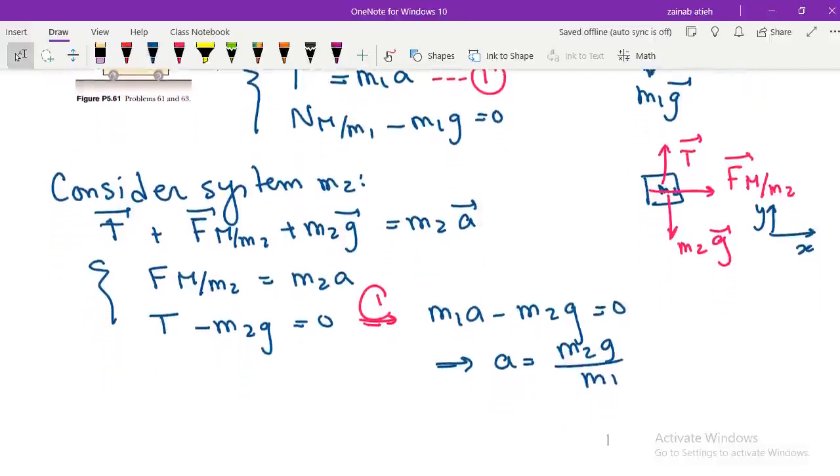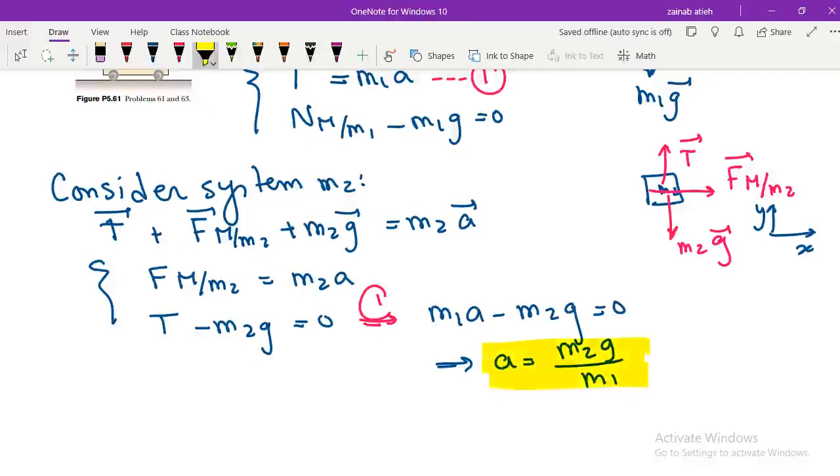So when the acceleration equals M2G over M1, I consider that blocks M1 and M2 are not sliding on the big block M. I work on the problem on the basis that they are not sliding, to find the condition in which they do not slide. Okay, so this is the acceleration, M2G over M1.